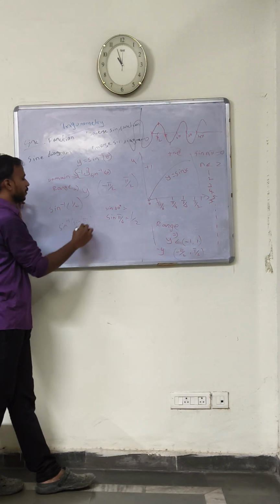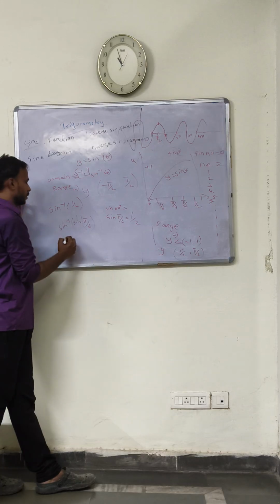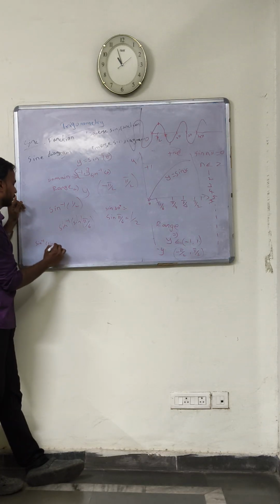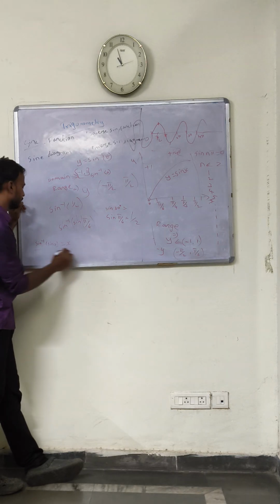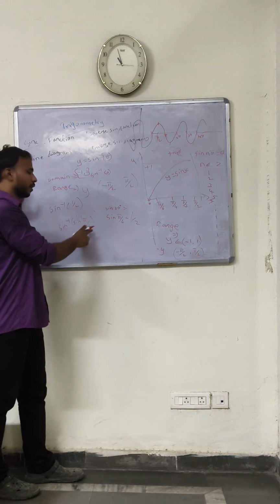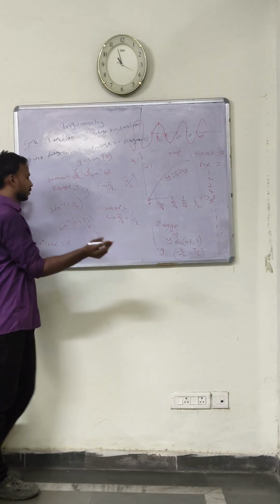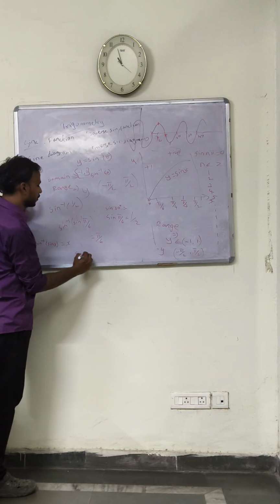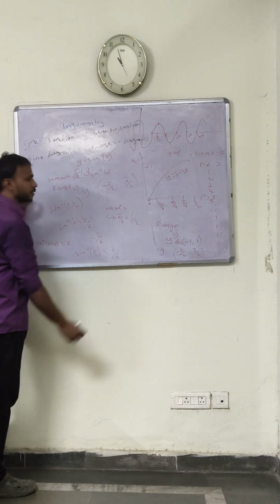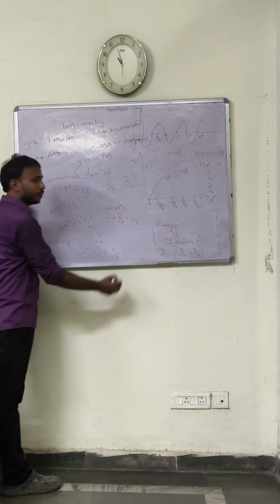Sine inverse of sine pi by 6. Sine inverse of sine x equals x. This is the solution. This you need to understand. For that only we wrote this much. So here, which is equal to pi by 6. So if they ask sine inverse of 1 by 2, then it is equal to pi by 6, right?